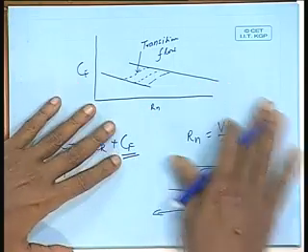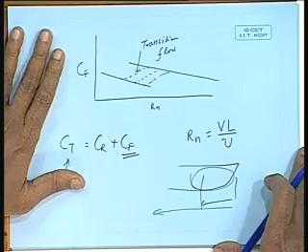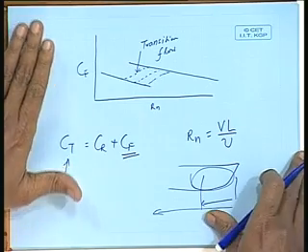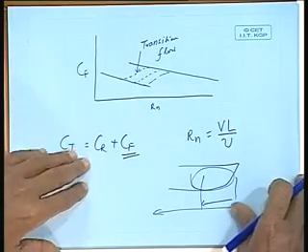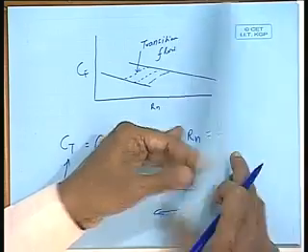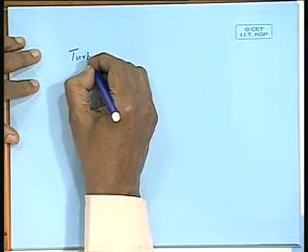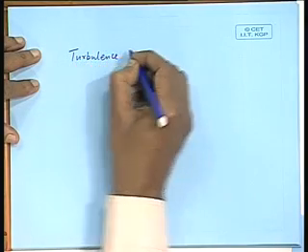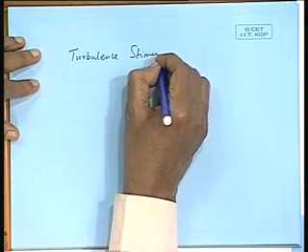So, for this reason, it is essential for us to ensure that the flow is made turbulent. So, we have to use turbulence stimulators. Turbulence has to be stimulated.